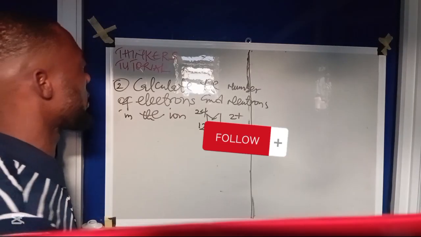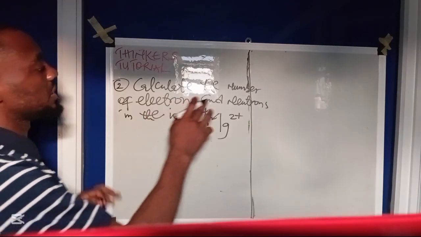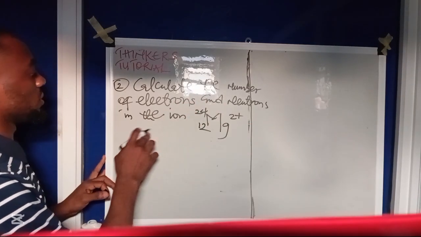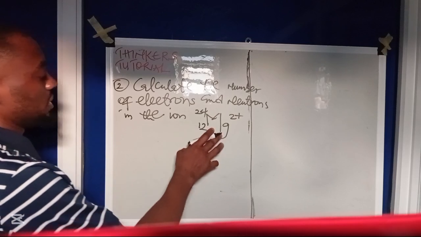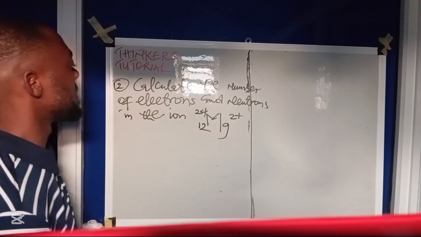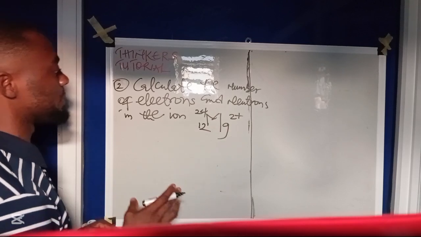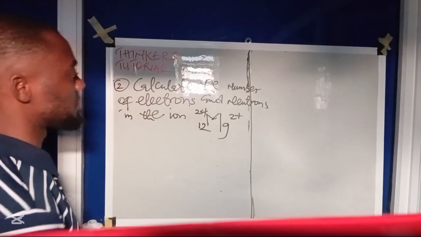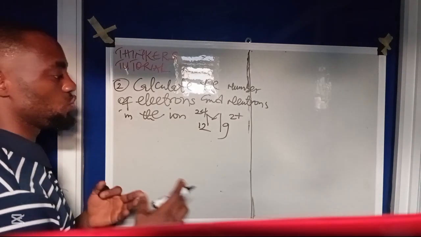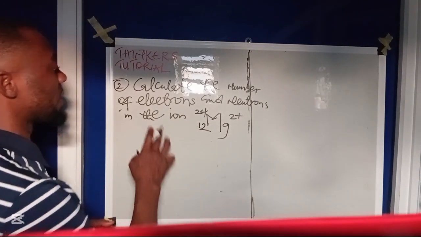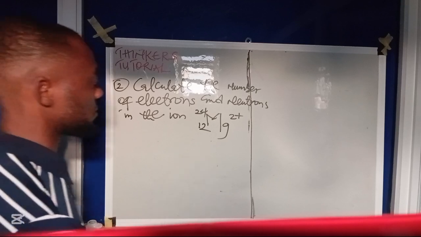This is the second question we're going to look at. Calculate the number of electrons and neutrons in the ion. This is the magnesium ion. I always like to bring out my parameters so that it will be easier for you to solve. They say you should calculate the number of electrons and neutrons.